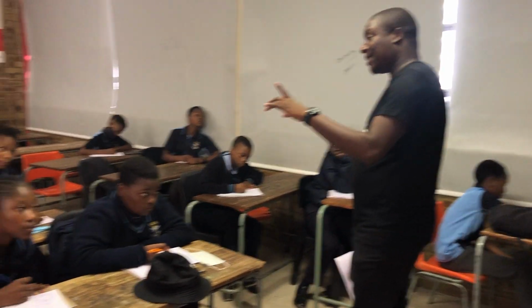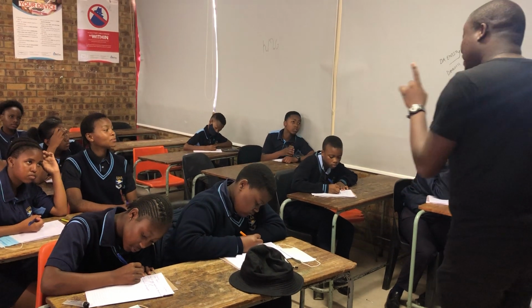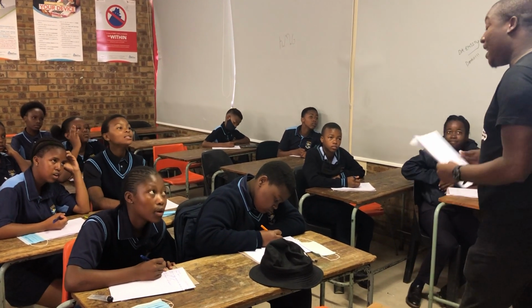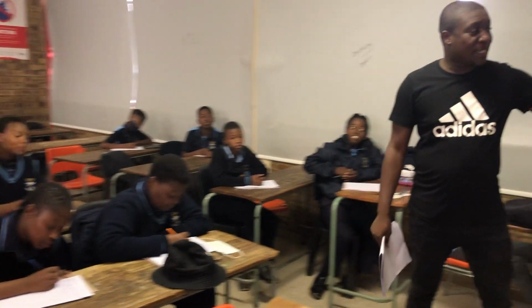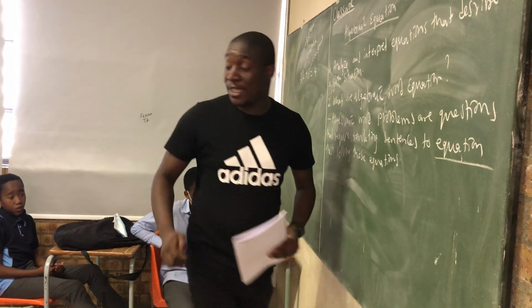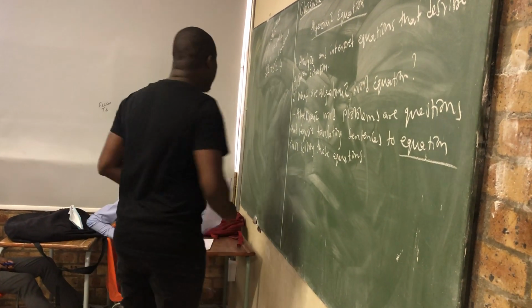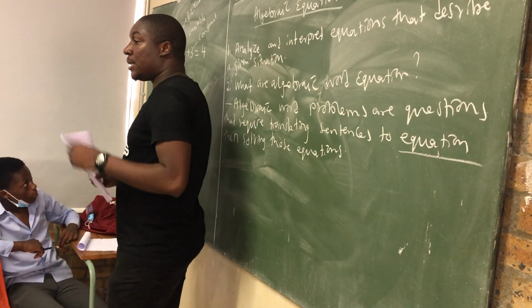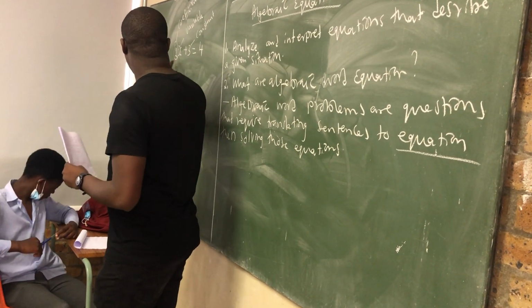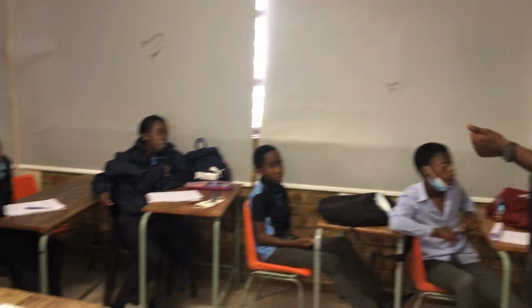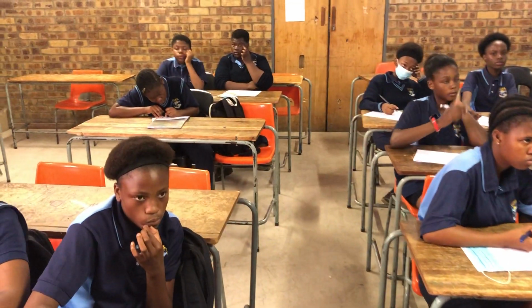You will need to translate an English sentence into a mathematical language, and in this case, our mathematical language, we refer to as an equation. So let's see whether we can translate 2x + 3 = 4 into English. What can we say when we translate that?